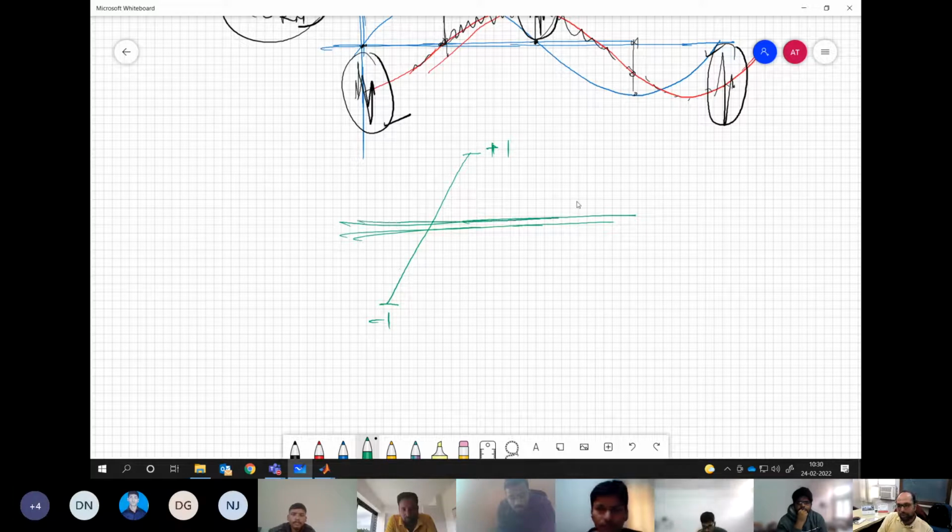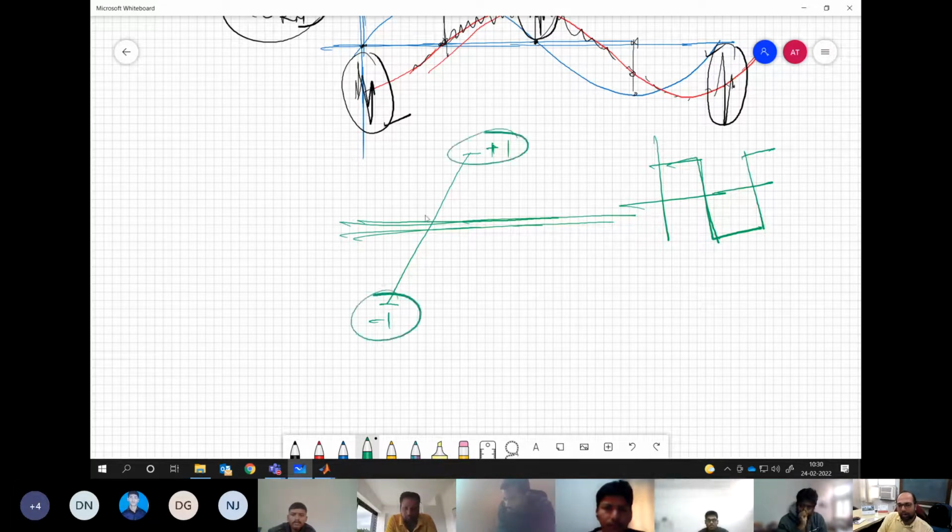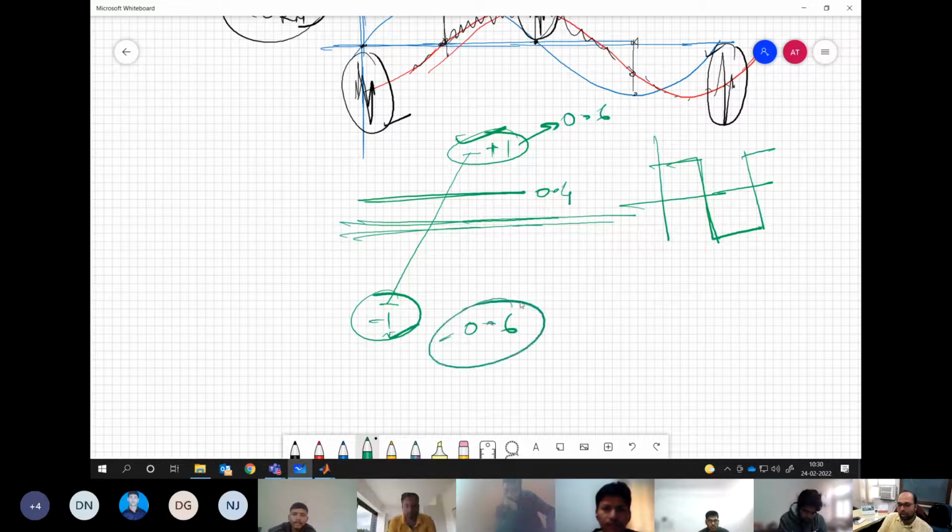So the time intervals for which you are applying plus VDC by 2 and minus VDC by 2 depend on how much this value is relative to your modulating signal. If you make the modulating signal 0.4, it is assumed that this is 1 and minus 1. You cannot say, oh, I had only 0.6 here and minus 0.6 here. This is not related, right? 0.4 means it is 40% of the peak value.